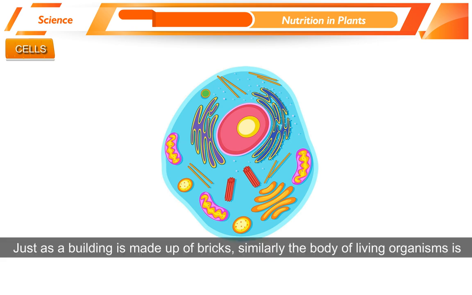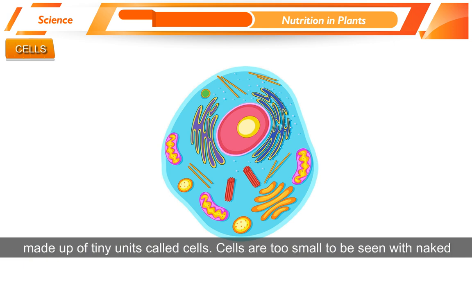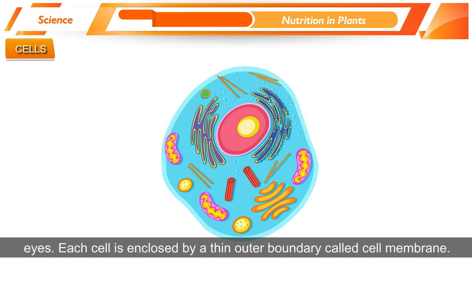Cells. Just as a building is made up of bricks, similarly, the body of living organisms is made up of tiny units called cells. Cells are too small to be seen with naked eyes. Each cell is enclosed by a thin outer boundary called cell membrane.